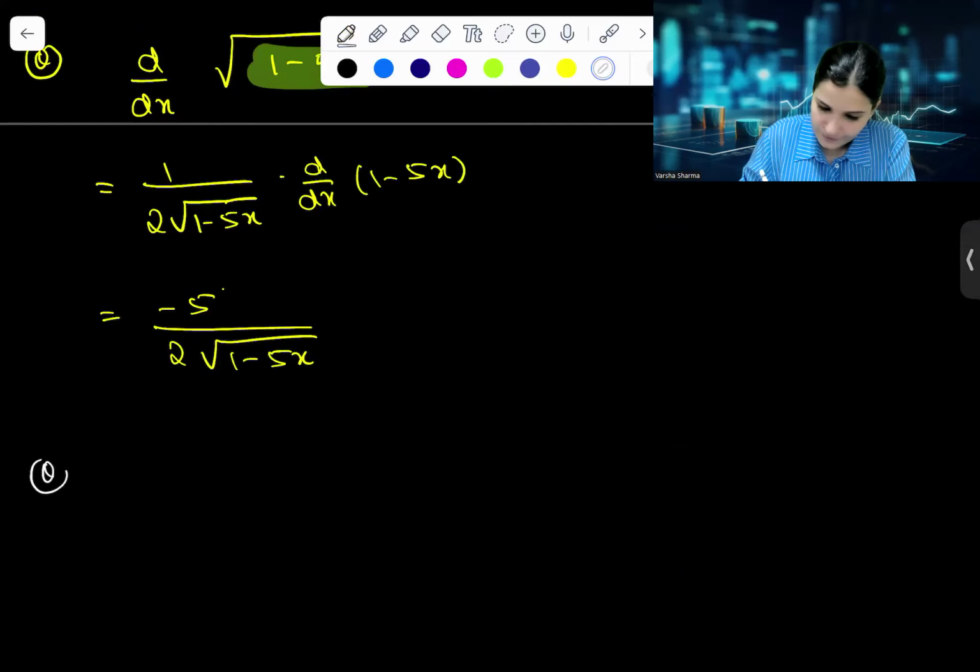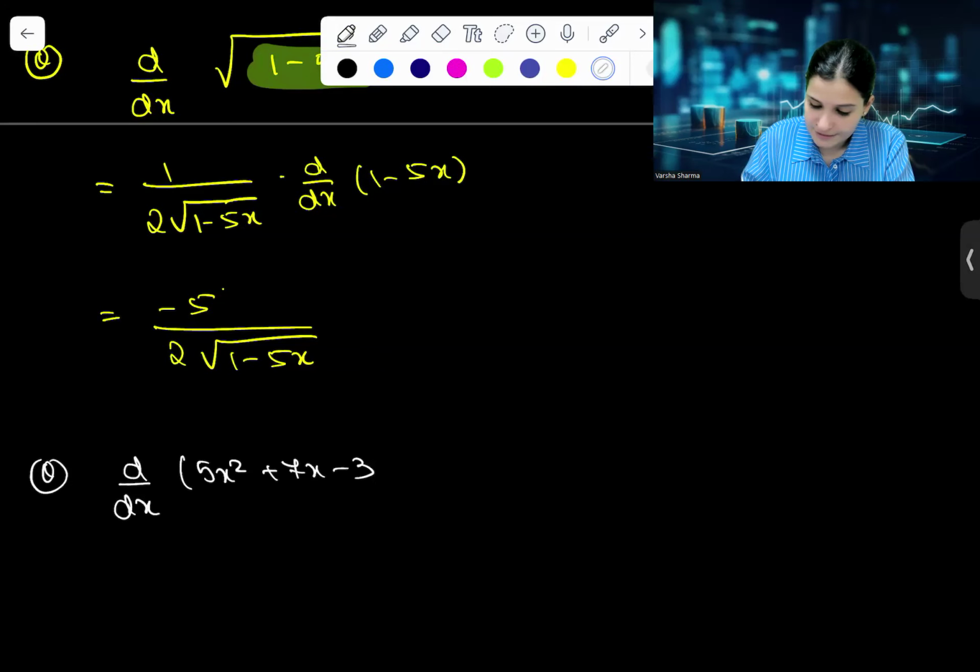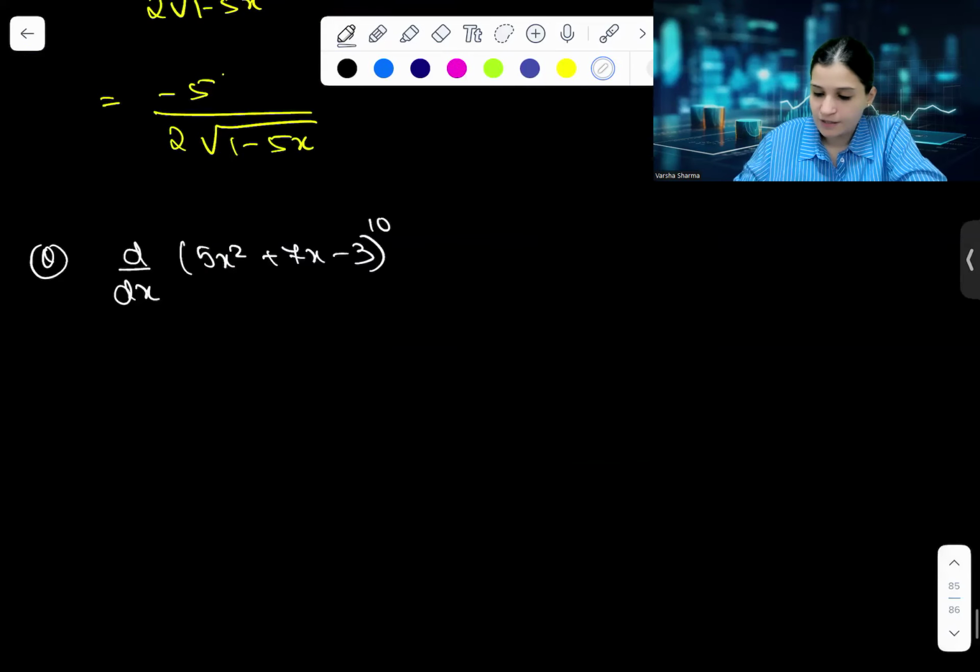Question. Differentiation of 5x square plus 7x minus 3, whole power 10. अगर power 2 या 3 होता ऐसा तो I could have even expanded, but power 10 तो we can't expand, so I'm gonna treat this as x to the power n.